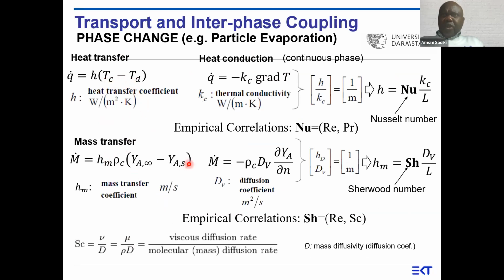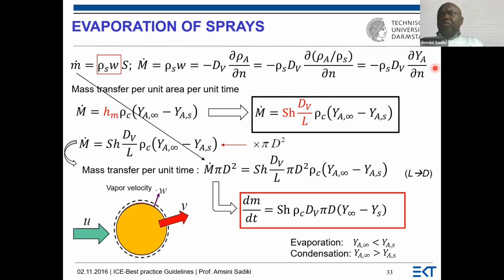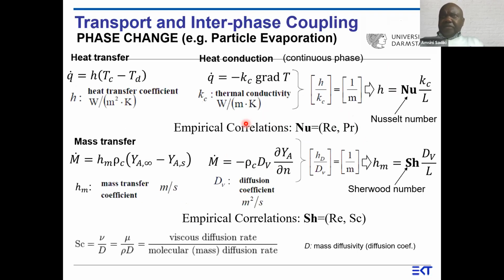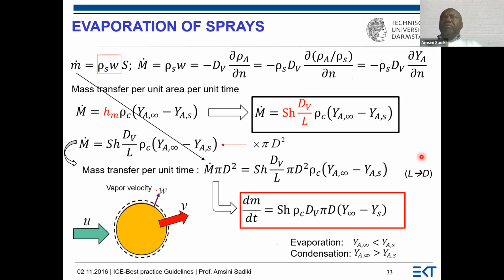It is similar to the heat transfer, and here we have the mass diffusion, which is exactly what we obtain. We can now couple by replacing the mass transfer coefficient by this quantity, where we now have the Sherwood number.